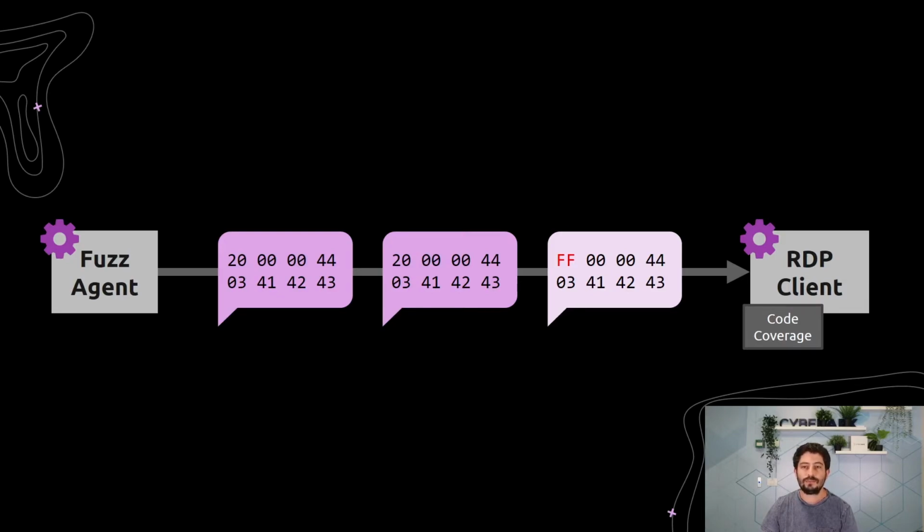To achieve that, we developed this background fuzzing, essentially differentiating our messages from the regular messages. The way we did it is by adding a marker. In this case, the marker is the first byte of the message. As you can see, on the normal messages it is hex 20, and on the fuzzing messages it's hex FF. That allows the code coverage engine to differentiate the fuzzing messages from normal messages.